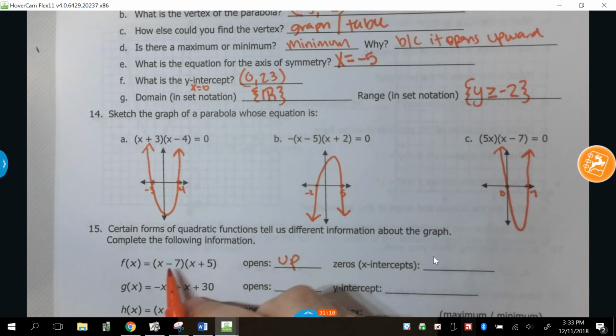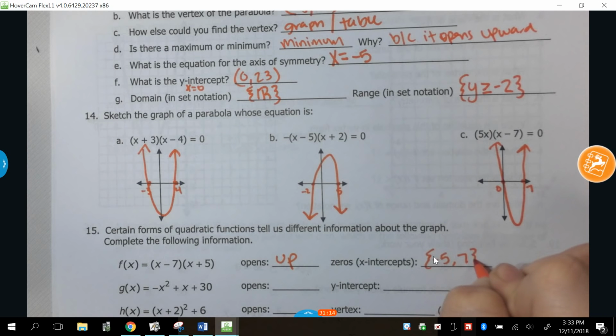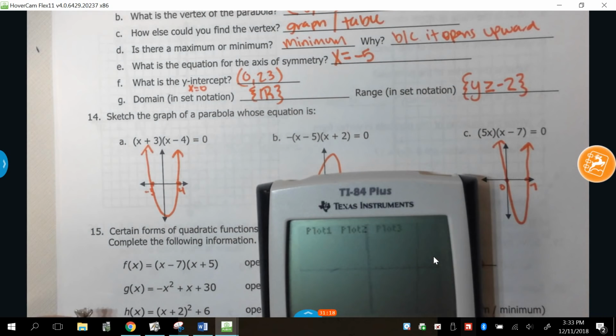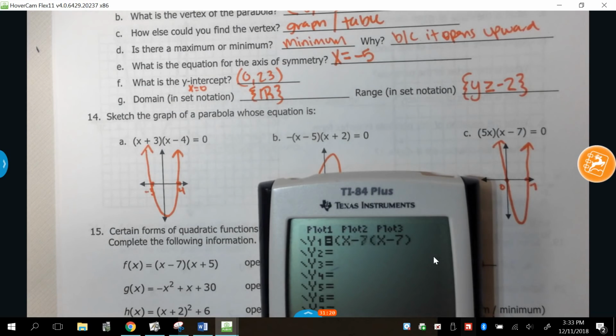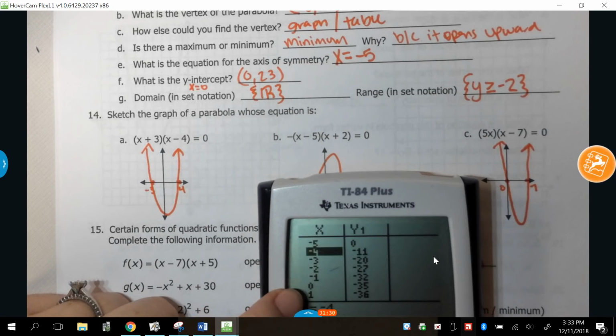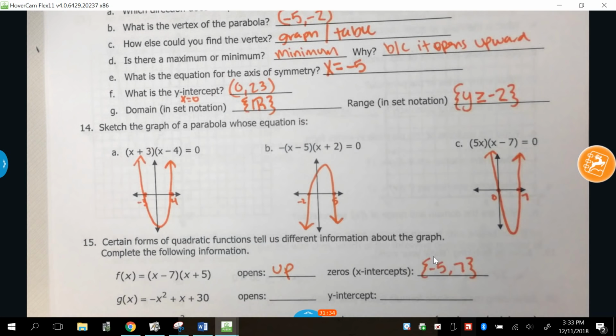Zeros are x-intercepts. Remember, it's just the opposite, so it's going to be negative 5 and positive 7. Again, you could type this in your calculator and look for where y equals 0, x minus 7, x plus 5. Graph, we see that it opens upwards because this is where it comes together. Then we could look, negative 5, we're looking for where y is 0, and 7, which is what we put.